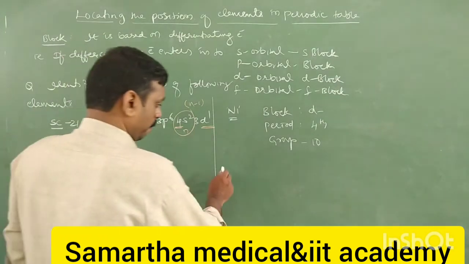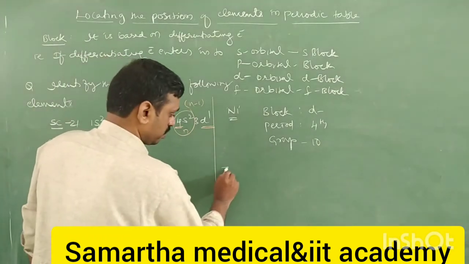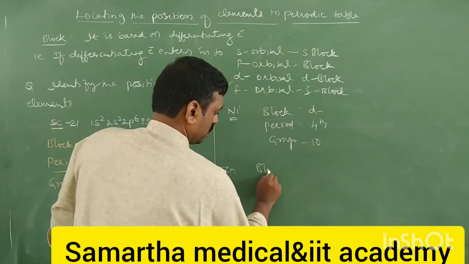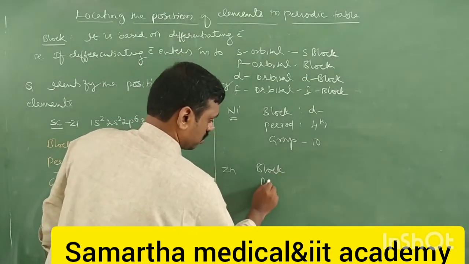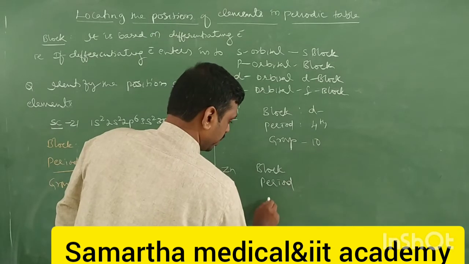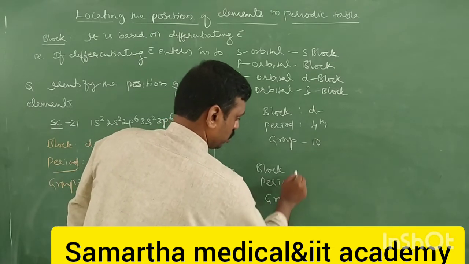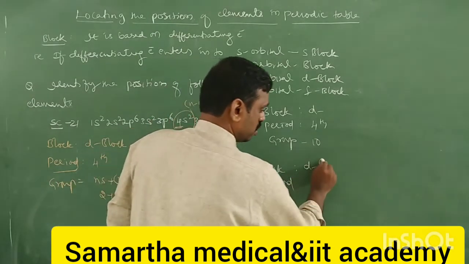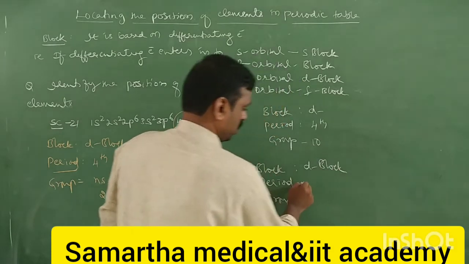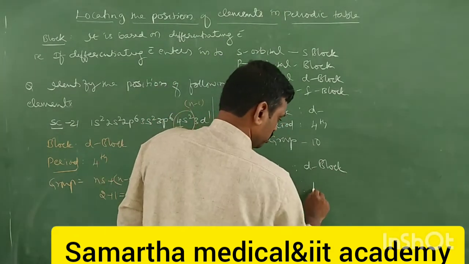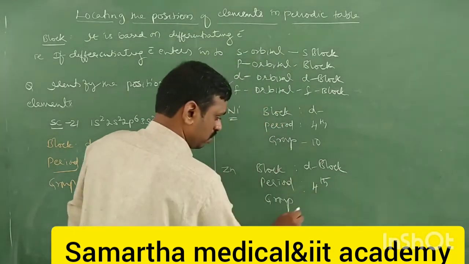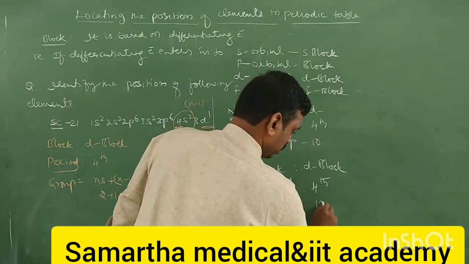Next, zinc. Block, period and group. The block is d block, the period is 4th, and the group is 12th.